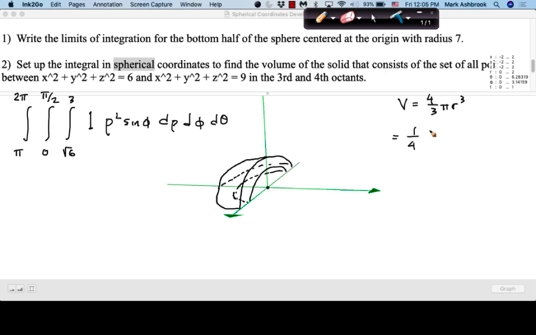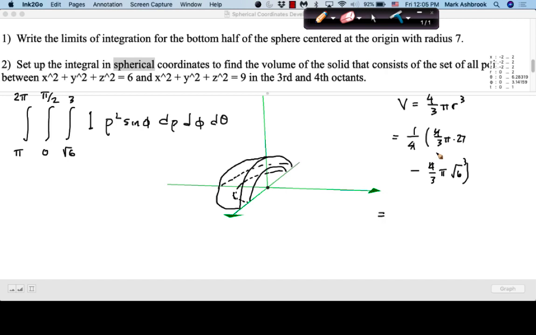1/4 of 4/3 pi times what? 27? Minus 4/3 pi times radical 6 cubed. Anyone got that? So the 4 can go away.